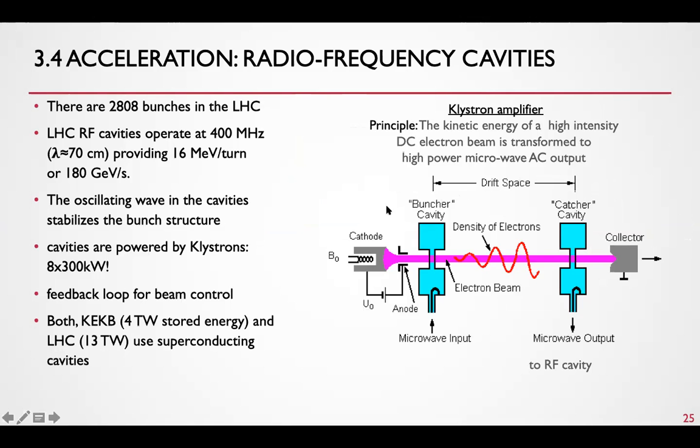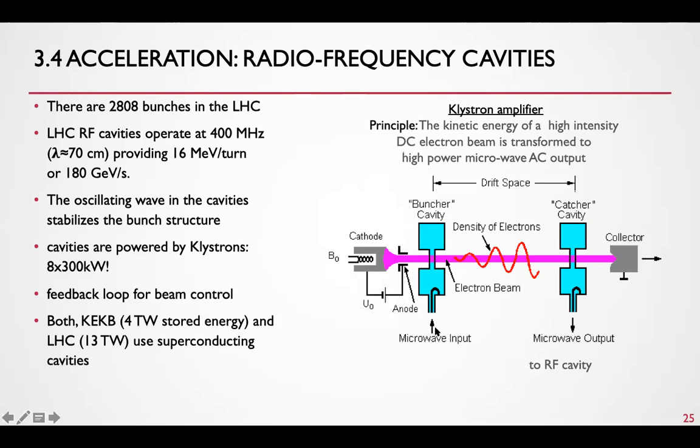So what's happening here? This is a second electron beam that has nothing to do with the collider. There is a high intensity electron beam coming from a cathode, okay? So in principle you heat matter, it ejects electrons, and they move at low energy.